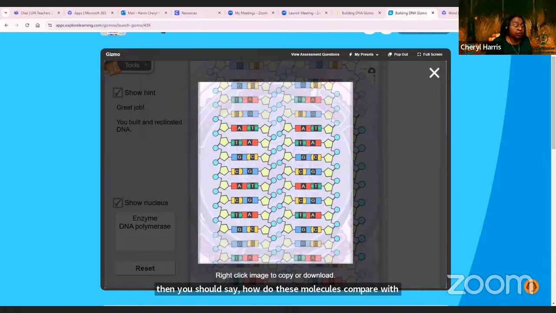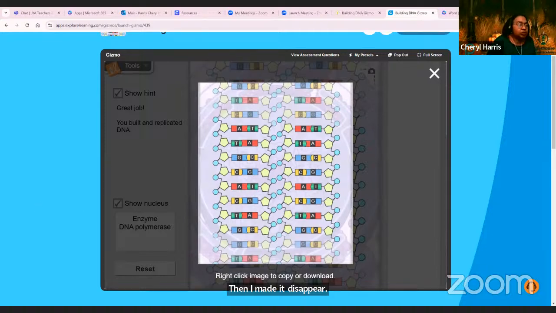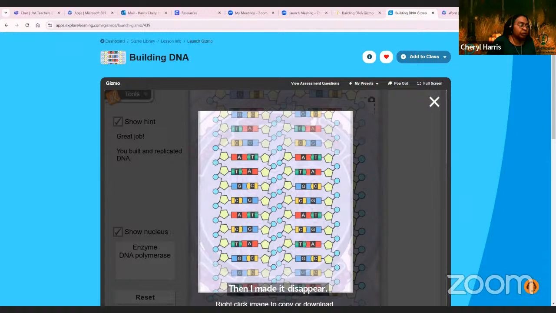So in the chat, if we scroll back and look at the first one, I thought I made it disappear. This one should look exactly like the double-stranded one we did at the beginning.